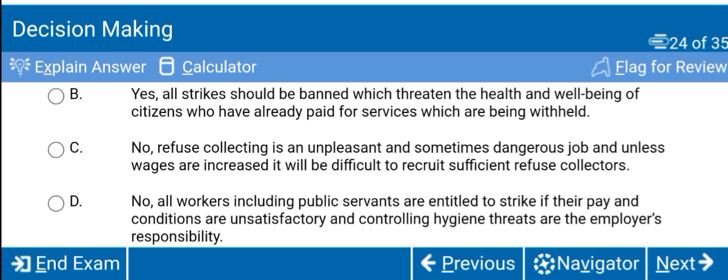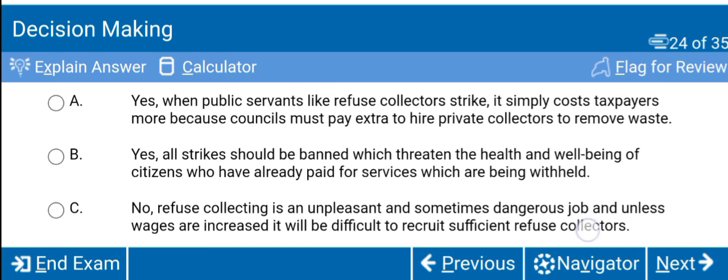Option D: no, all workers, including public servants, are entitled to strike if their pay and conditions are unsatisfactory, and controlling hygiene threats is the employer's responsibility.